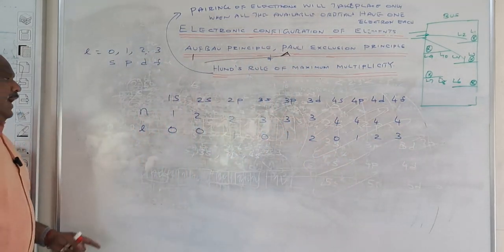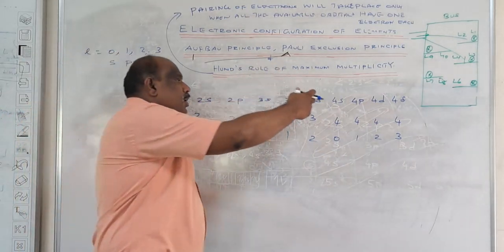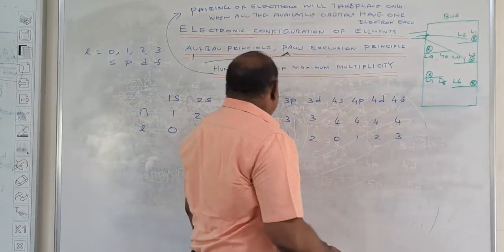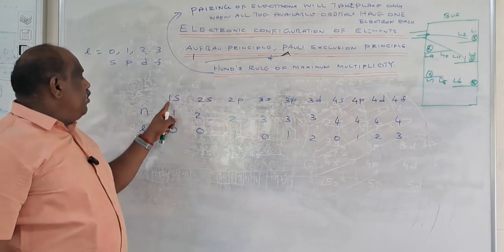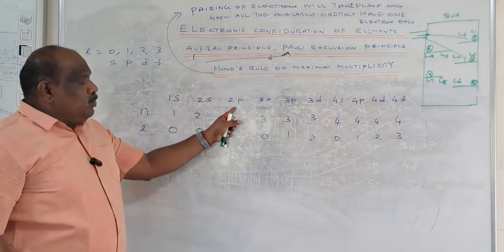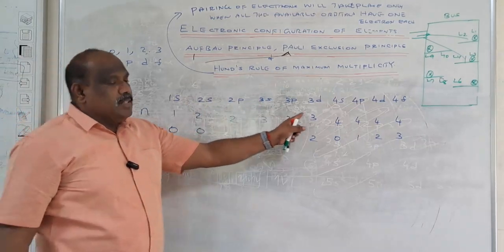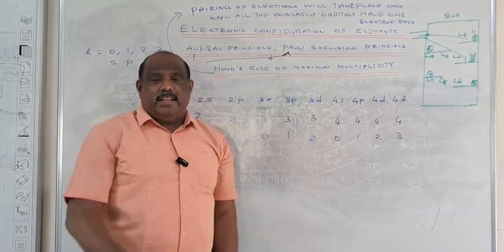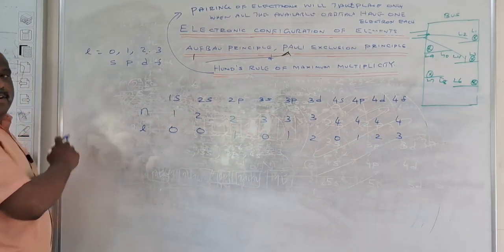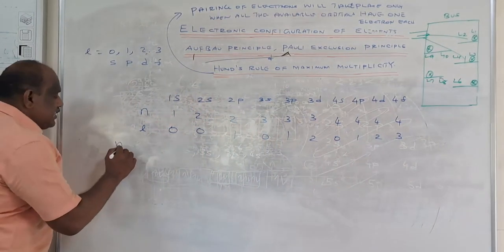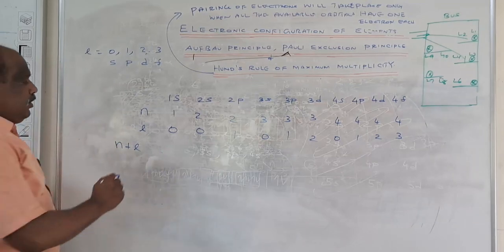So what have I done? I am not trying to draw a structure like this, but I simply wrote the normal way. What is the normal way? 1s. 1 means only one letter. 2 means 2 variables, 2s, 2p. 3 means 3 variables. 4 means 4, 5 means 5, like that. Then I have written the n values and l values, and then I am going to summarize them. n plus l, I am going to add them.